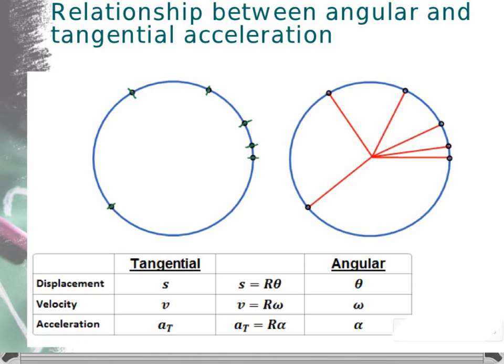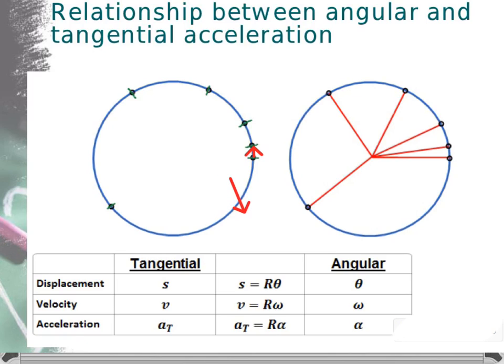So this thing is experiencing tangential acceleration. That is the change in its tangential velocity over time. You can imagine if I put a little vector for velocity, that vector is going to be very small here.